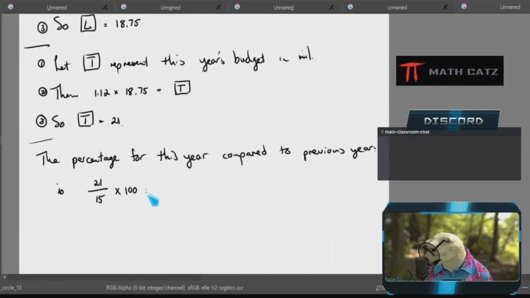Make it a percentage, which is, my writing's terrible today, which is, let's see what it is. 21 divided by 15 times 100. Why do I think I'm going to get a decimal number? I am not. Okay. 140%.